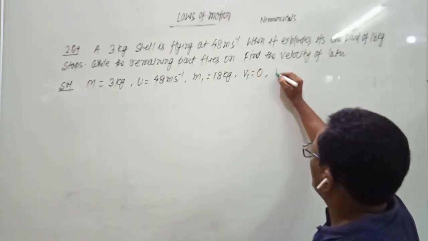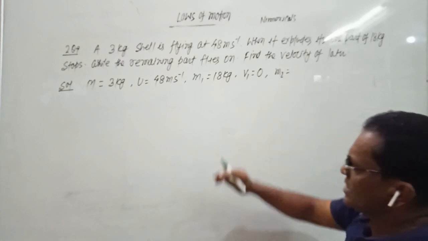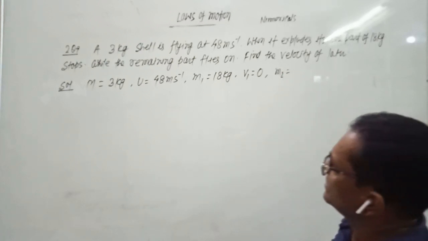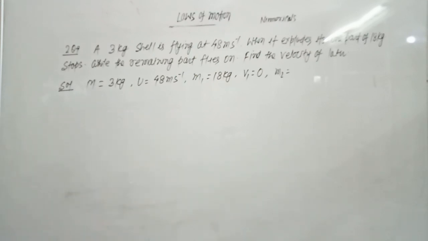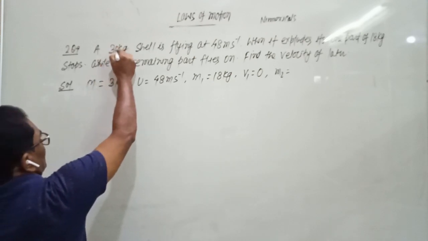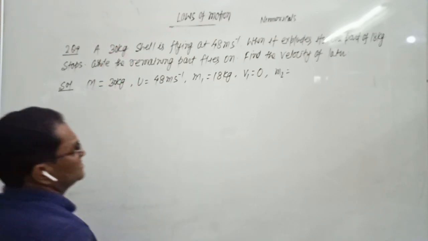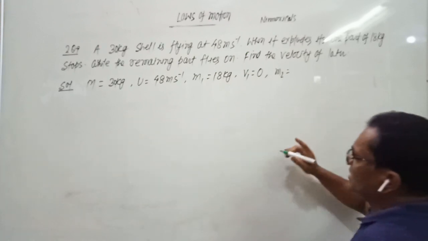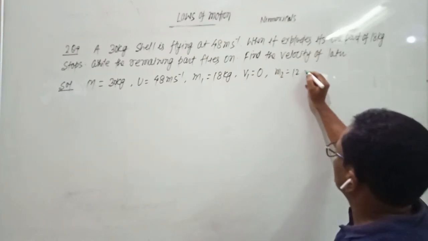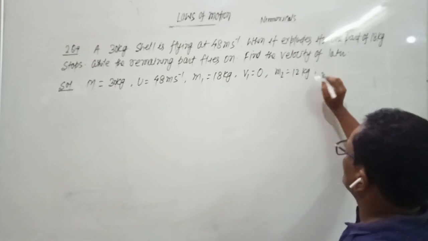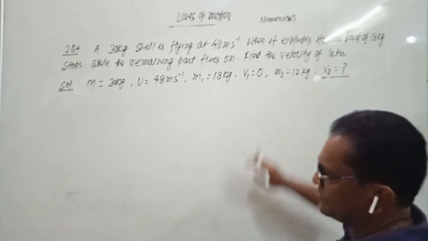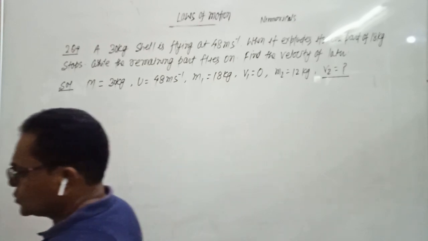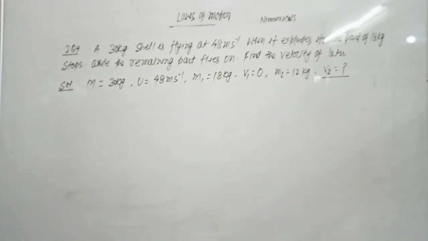The total mass M is 30 kg, so the mass of the other part is 30 minus 18, which gives 12 kg, and we have to find its velocity. Let the velocity of the other part, M2, be V2.